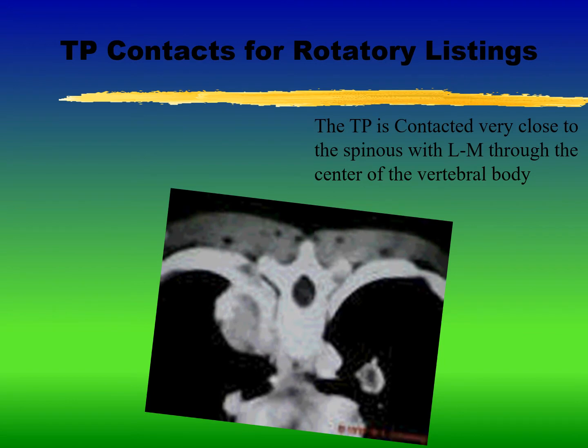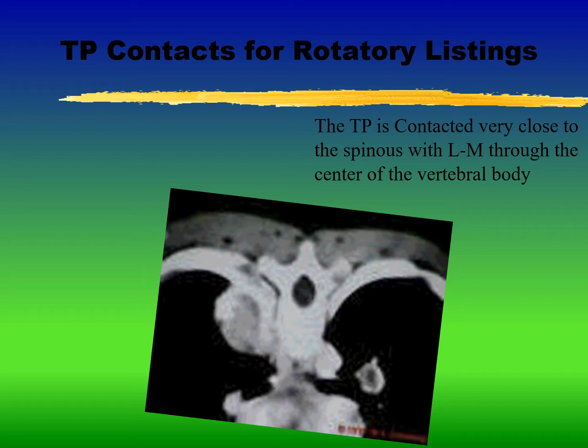When making our contacts for a rotary listing in the thoracic spine from the TP, we have to remember that all the lateral to medial that we need in this segment is to push and direct our line of correction through the vertebral body.